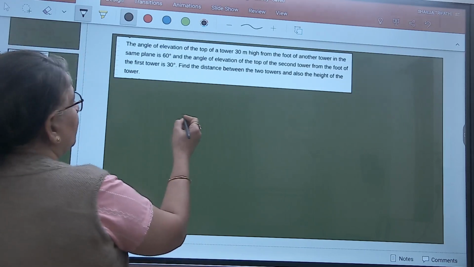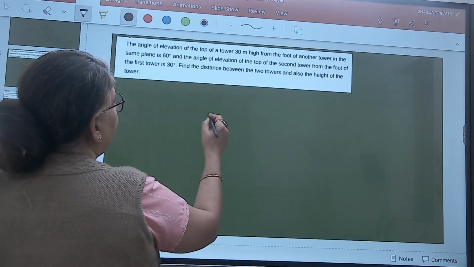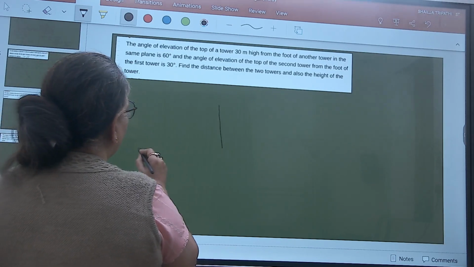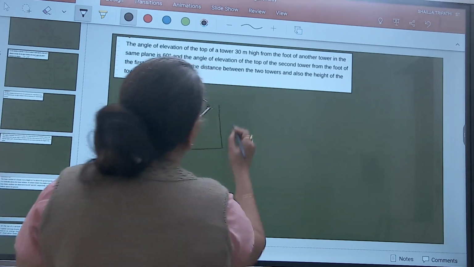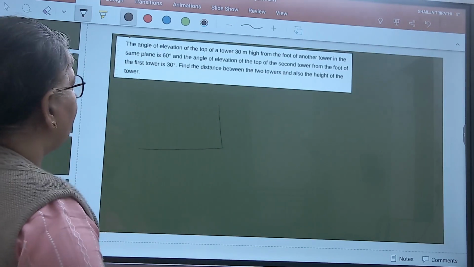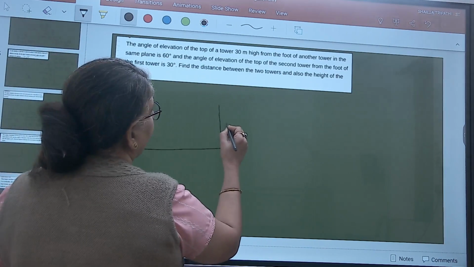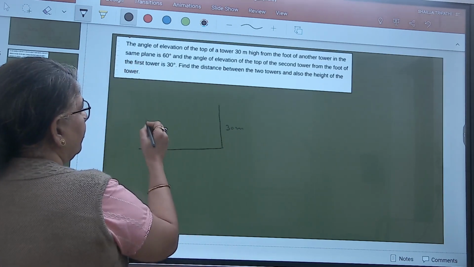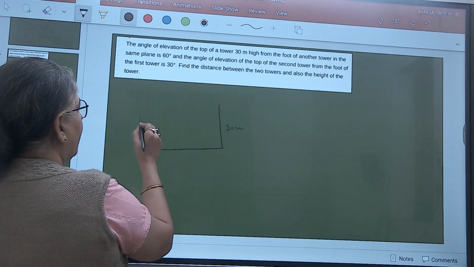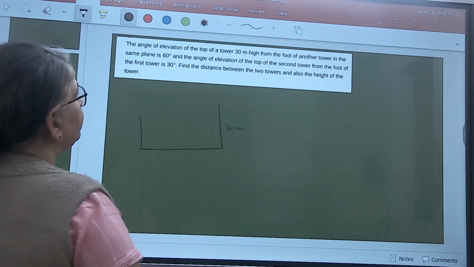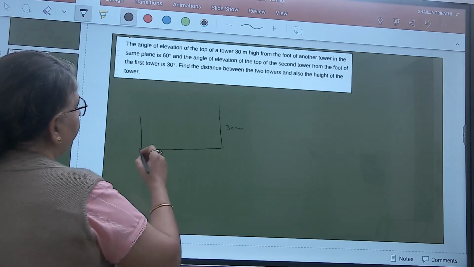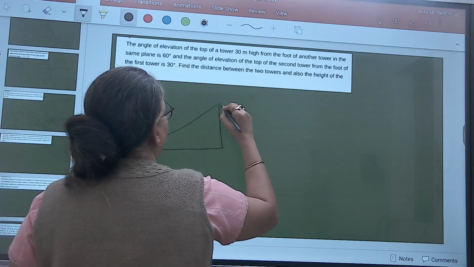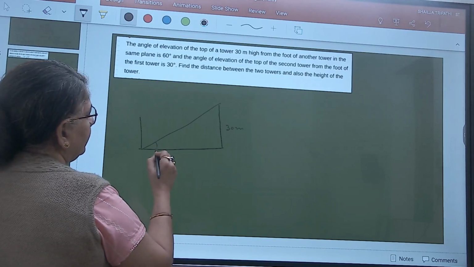So let's see, this 30-meter high tower is being observed from the foot of another tower. This is the angle of elevation, 60 degree.